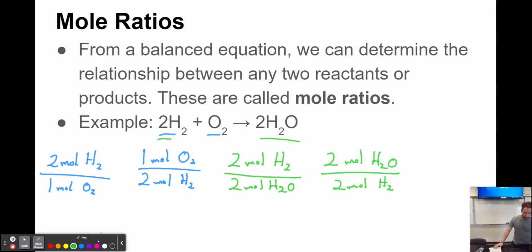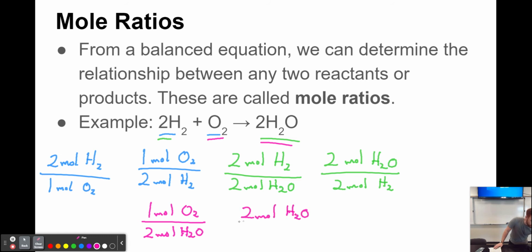And if we want to know the relationship between oxygen and the product, for every 1 mole of oxygen that is used in the reaction, you can make 2 moles of water, which makes sense. And for every 2 moles of water that's produced, 1 mole of oxygen was used.